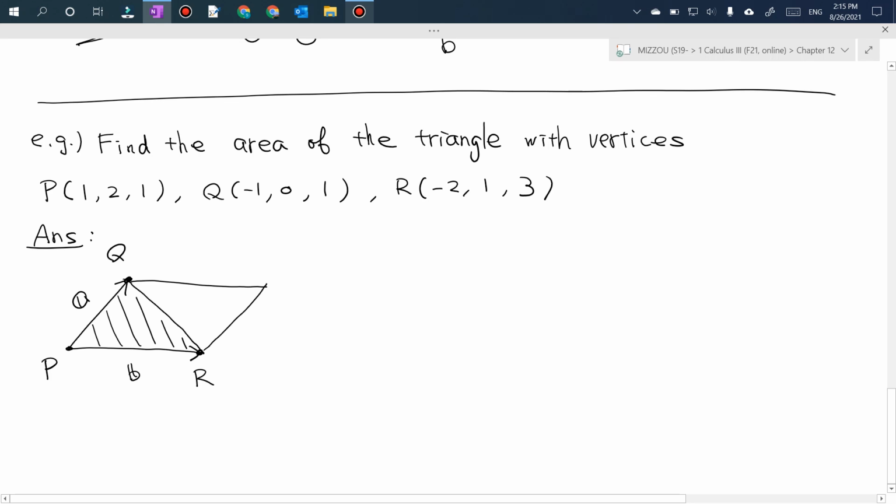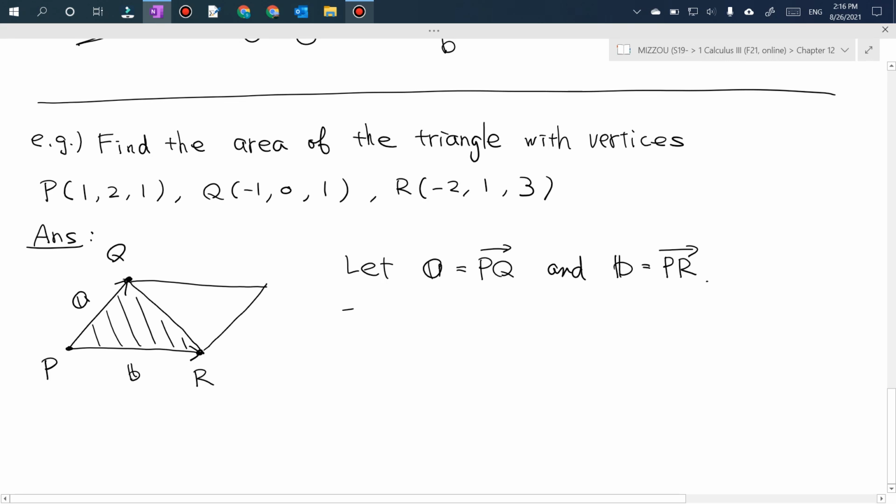Namely, let vector A be PQ, the vector from P to Q, displacement vector from P to Q, so to speak, and B be PR.